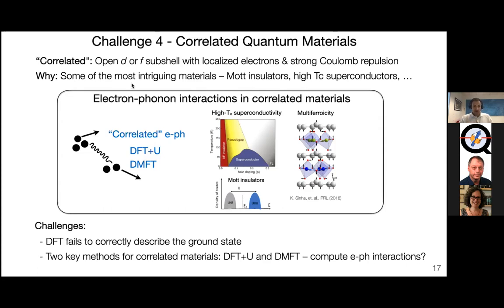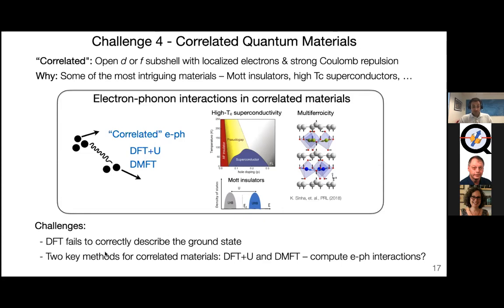Obviously, these correlated materials are some of the most intriguing systems. They include Mott insulators, cuprates, and other high TC superconductors, multiferroics, and so on. So the challenge is that in most of these materials, actually density functional theory fails to describe the ground state.